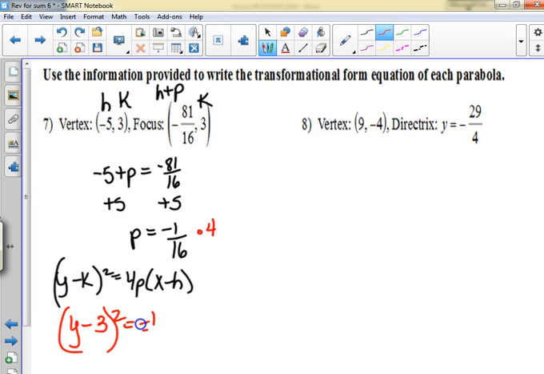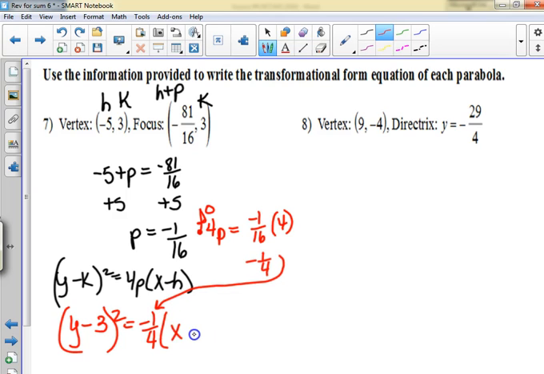So that will be -1/4. You write that out. So 4P equals -1/16 times 4, which is -1/4. Times x minus h, which would be +5.